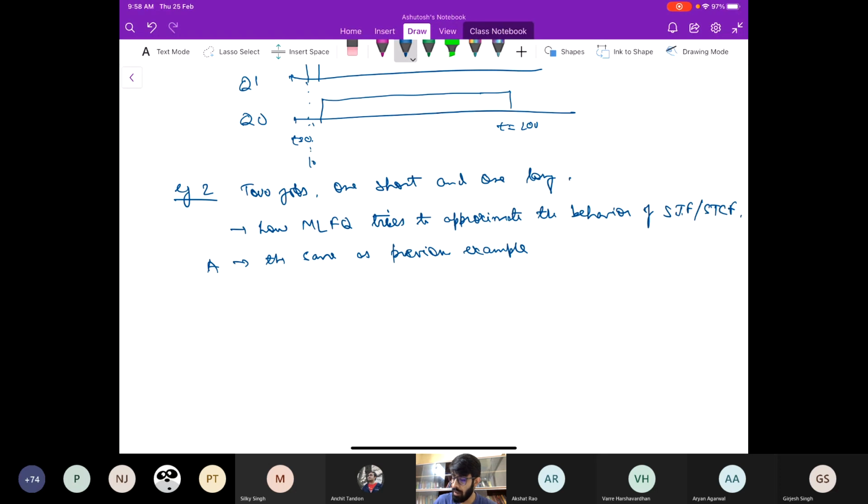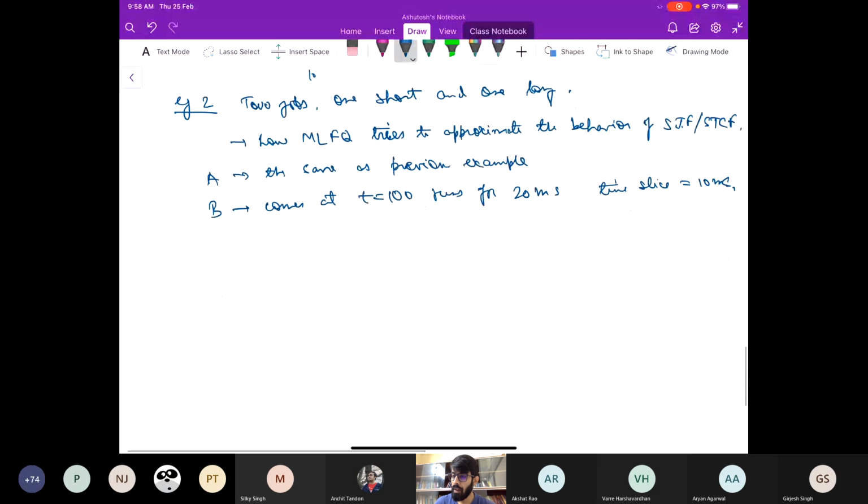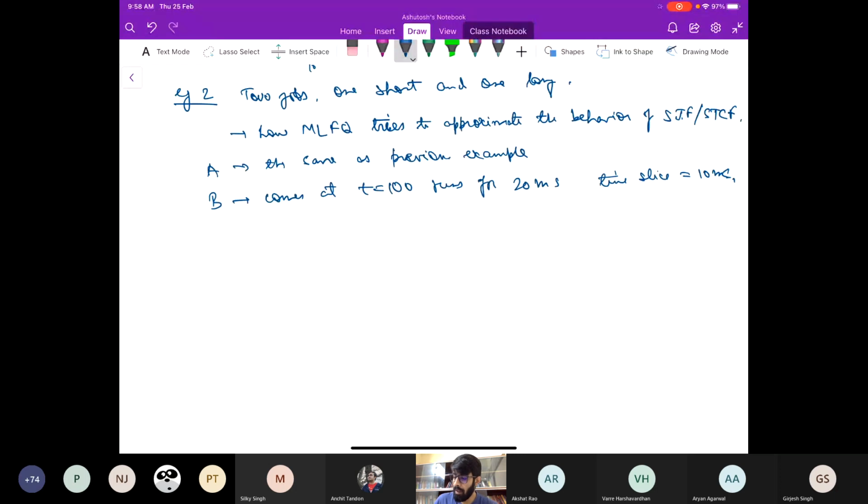But now another job B comes at T is equal to 100, let's say, and runs for just 20 milliseconds. And the time slice we are assuming to be 10 milliseconds. So what will happen in this case?